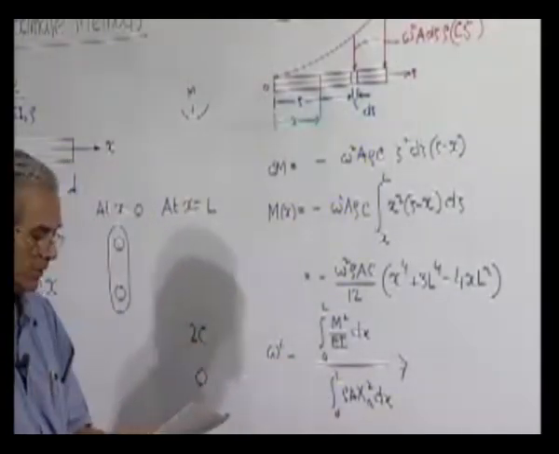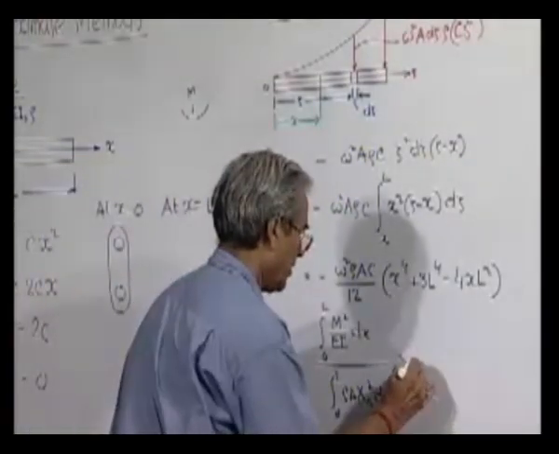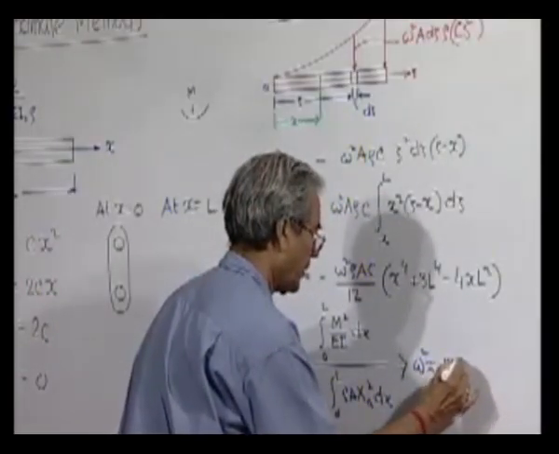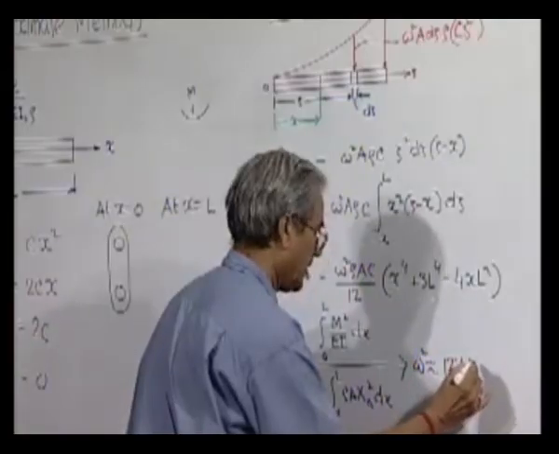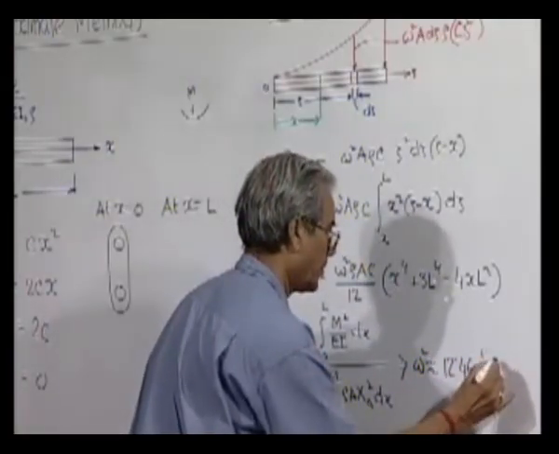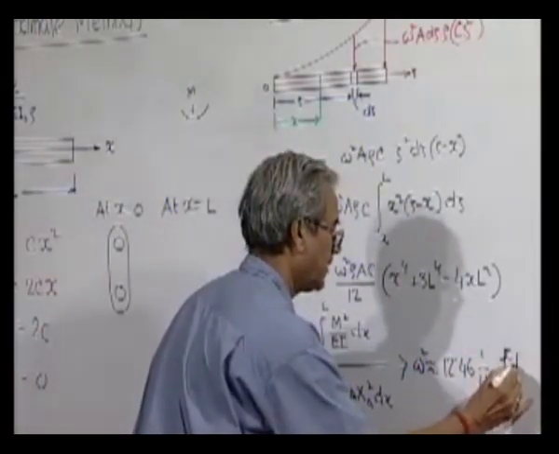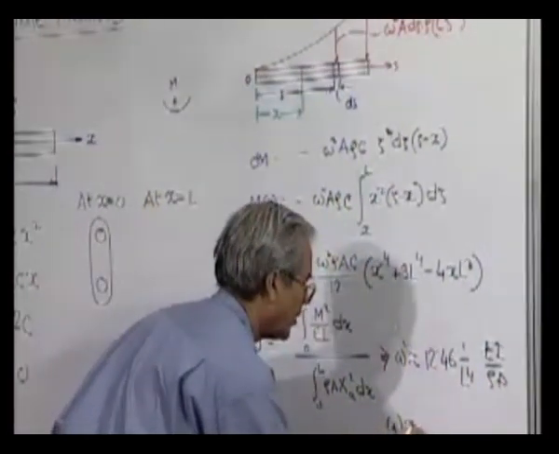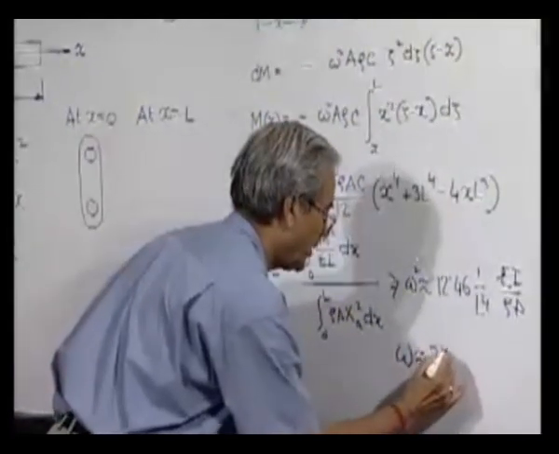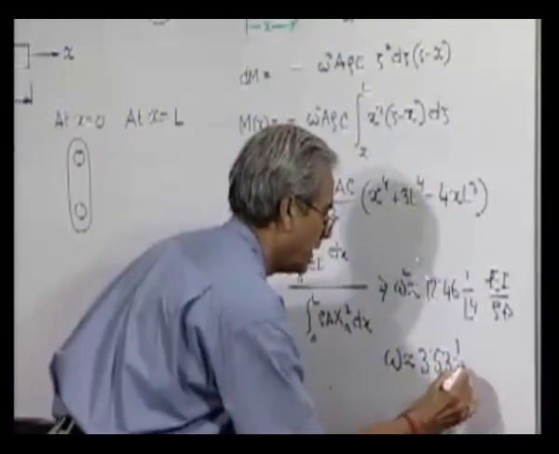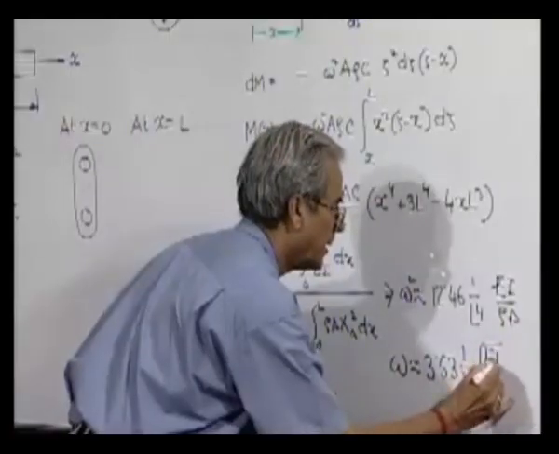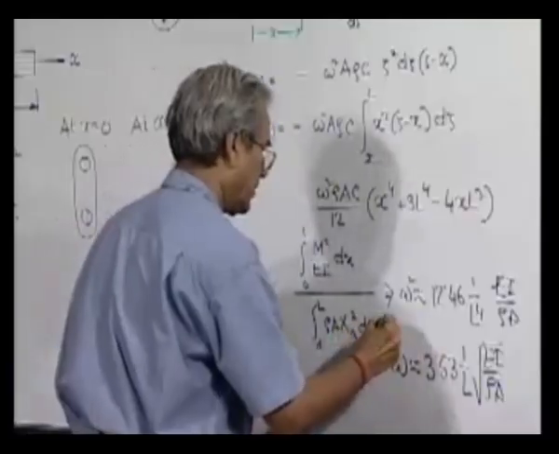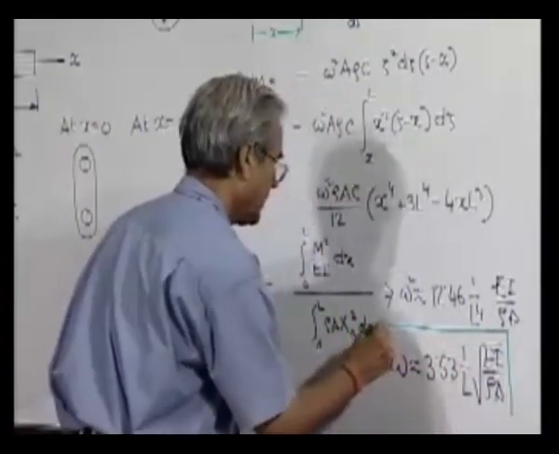So when you solve the whole thing, we will get omega square equal to 12.46 times 1 by L to the power 4 times EI by rho A, or omega is approximately 3.53 times 1 by L square root of EI by rho A. So this is the result we get using Gramel's modification.